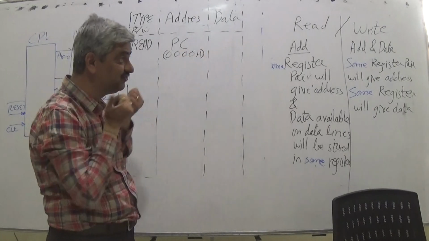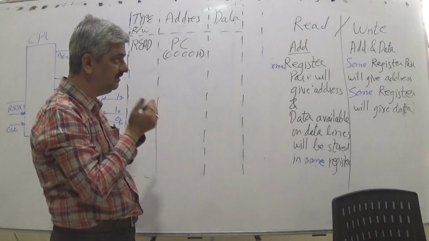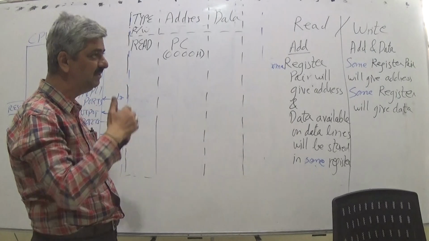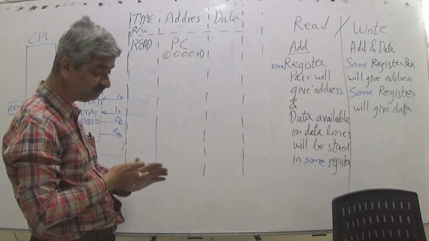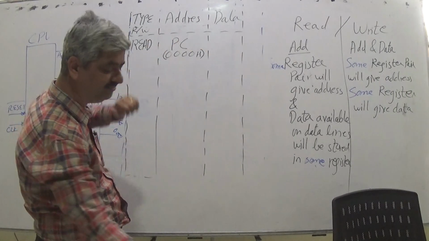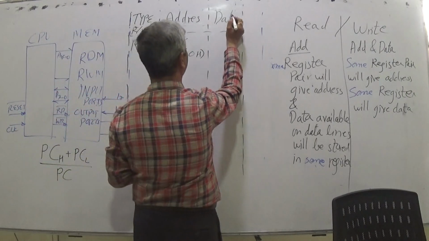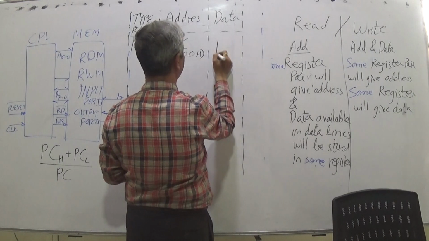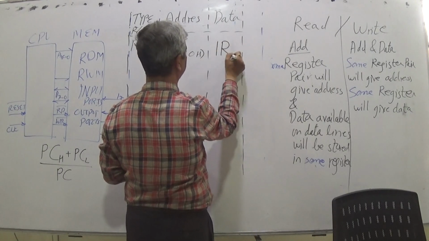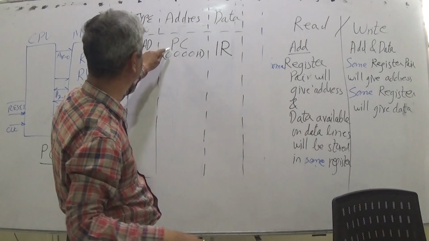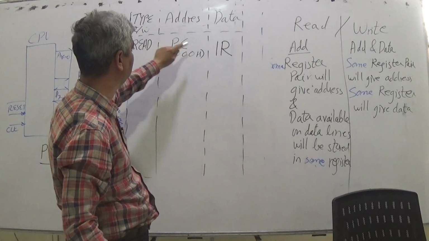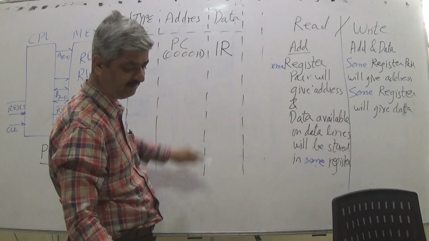The first cycle after reset is a memory read cycle from address 0, and data comes. That data should tell the microprocessor what it should do, so it must go to the instruction register. The address comes from the program counter and data goes to the instruction register.